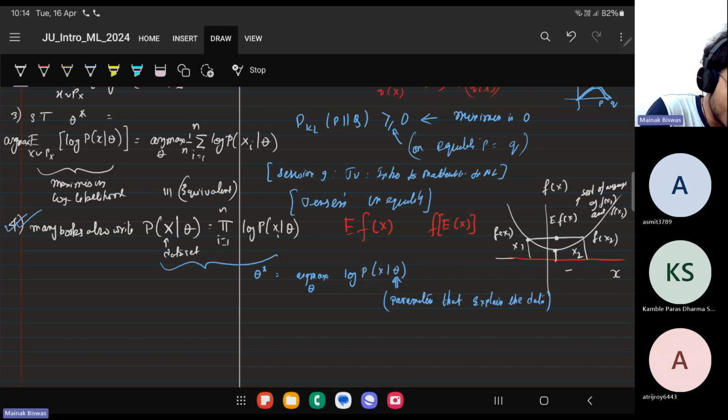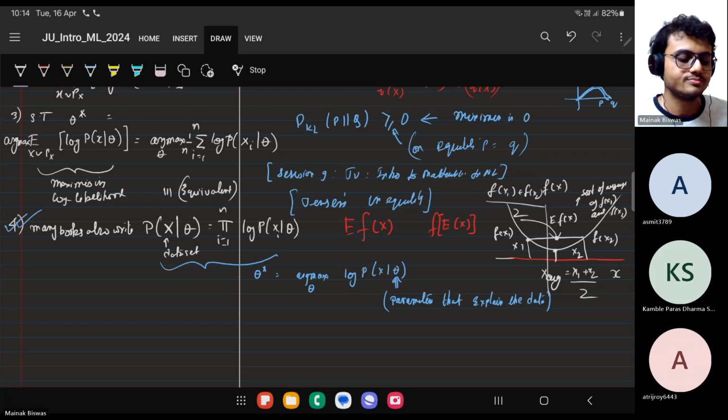Let me write x average equal to (x1 plus x2) by 2, and this is f(x average). What is it? This is (f(x1) plus f(x2)) by 2.